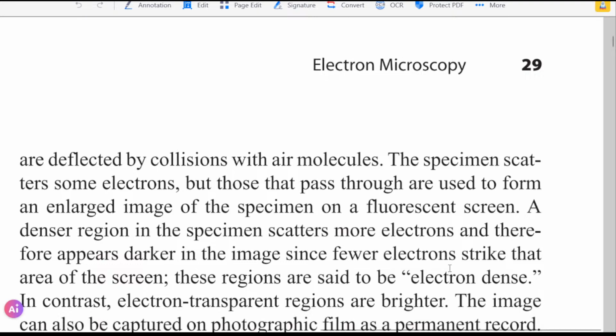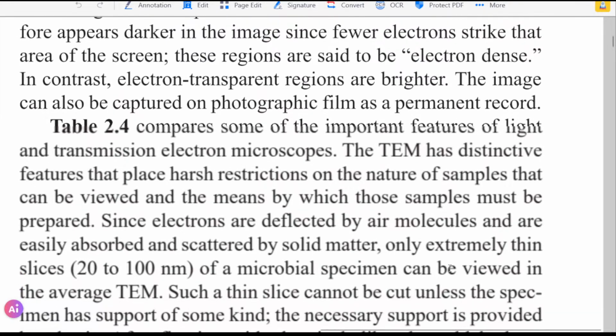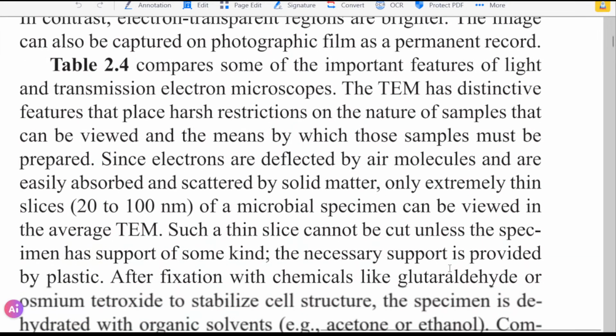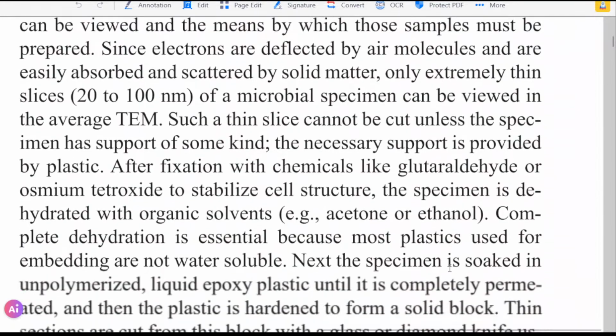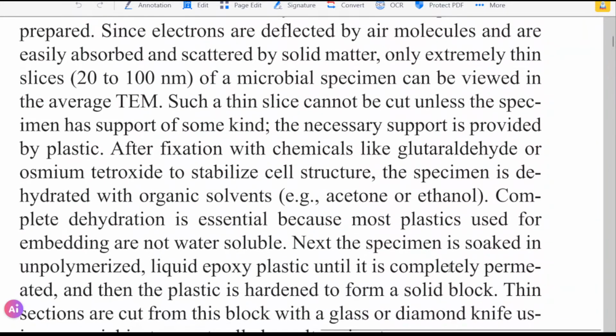The specimen needs to be a thin layer, or thick layer, I don't know which one. And some microorganisms are larger in size, some are smaller, so the transmission electron microscope only wants one kind of microorganism.